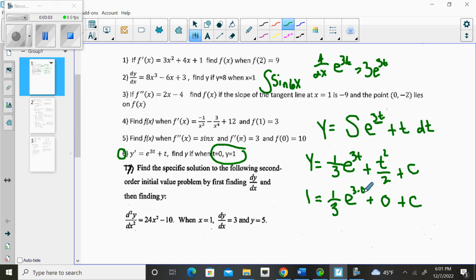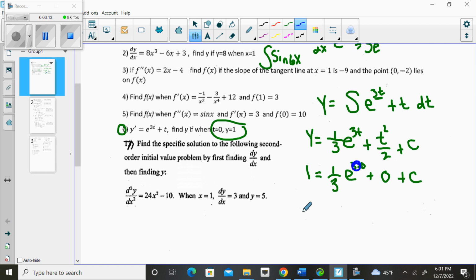And 3 times 0 we know is 0. So what is e to the 0? I mean, what is anything to the 0 power? I hope we all know that anything to the 0 power is 1. So we have 1/3 times 1 plus 0, so I'm not going to write that, plus c.